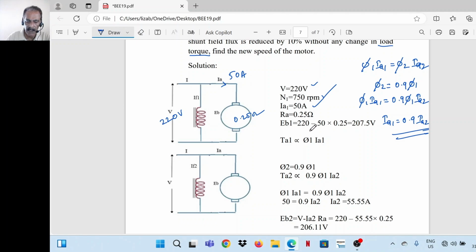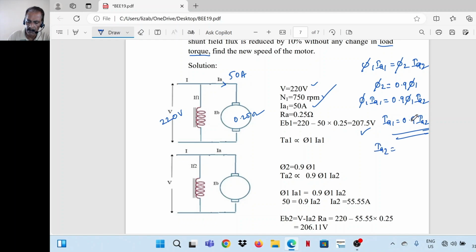So EB1 we can find out, V minus IaRa. In the first case the current is 50 ampere. So 220 minus 50 into 0.25. Ra is 0.25. So 207.5 volt. So Ia2 we can find out.